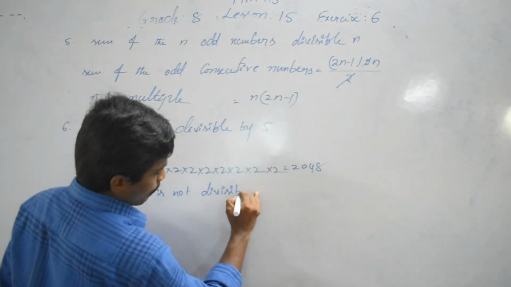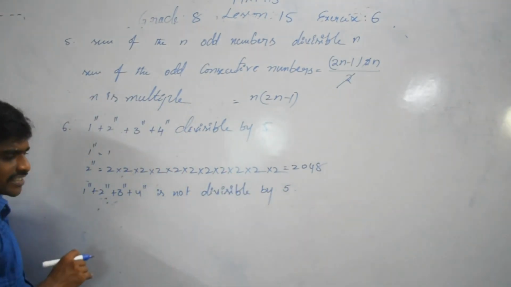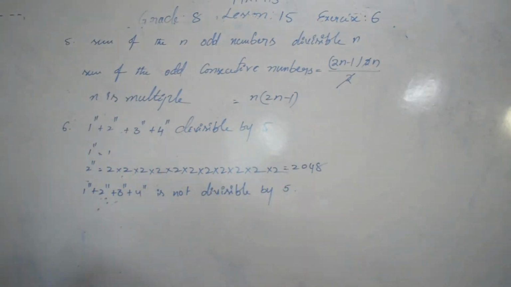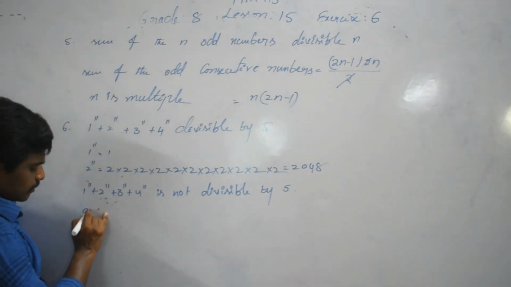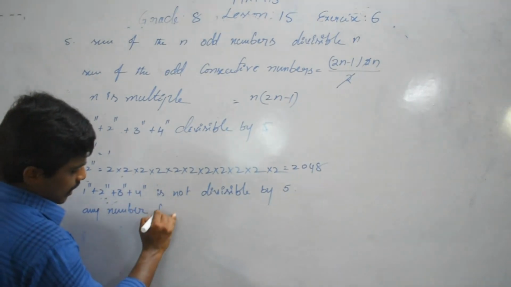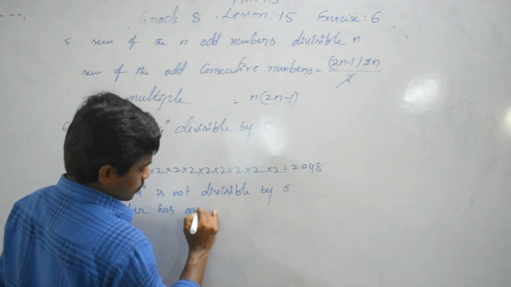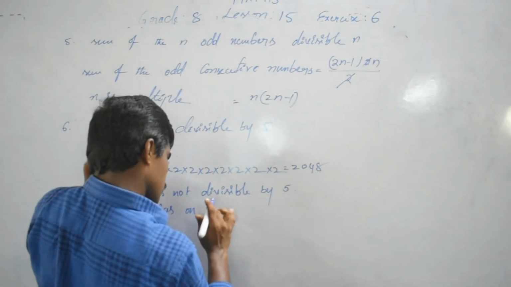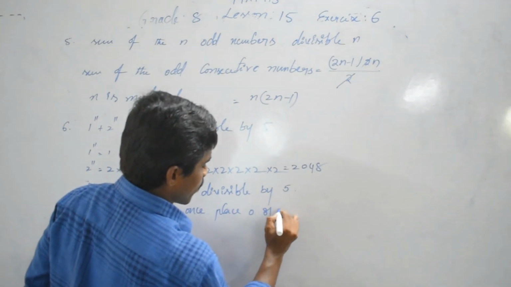Is it divisible by 5? Why? What is the divisibility rule of 5? A number has 0 or 5 in the ones place.